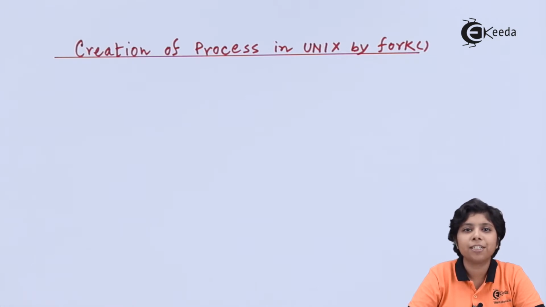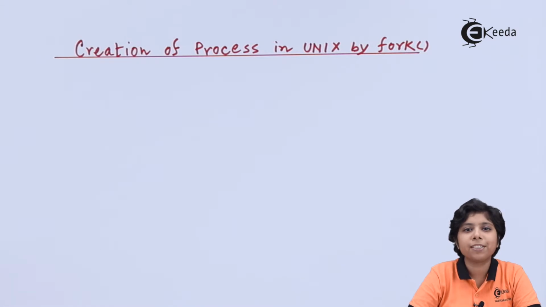Then the child process could read the content of the file and place it onto the terminal screen. In this way, a child process can execute with the resources and the initialization data through inheritance from the parent process. Now, when a parent process is creating a child process, two possibilities can occur.